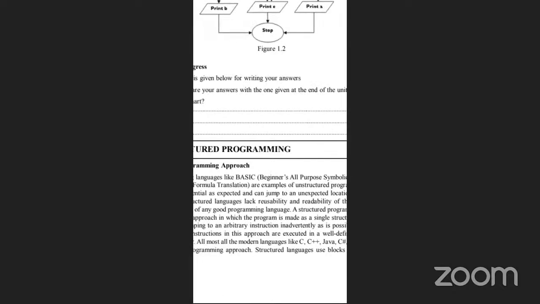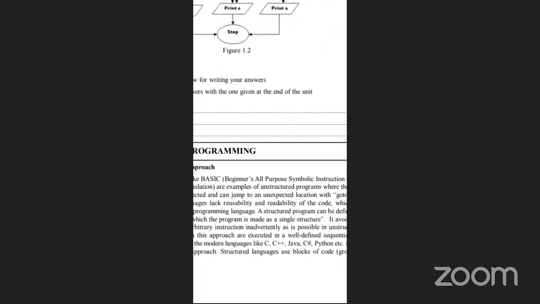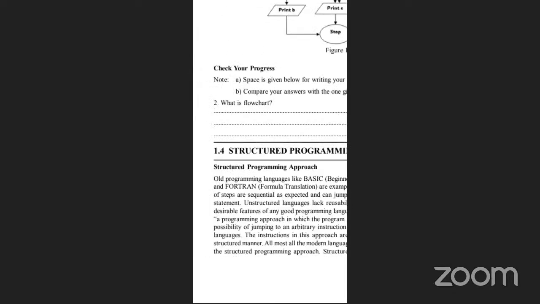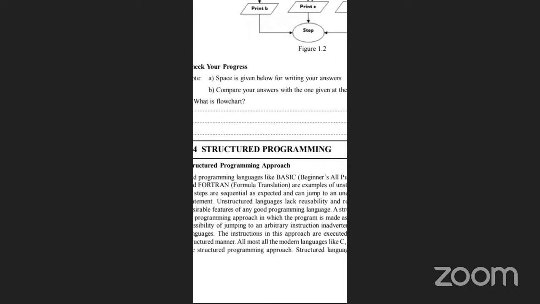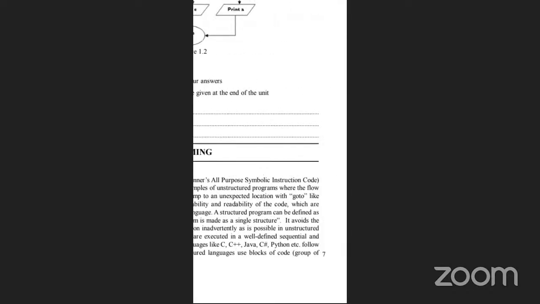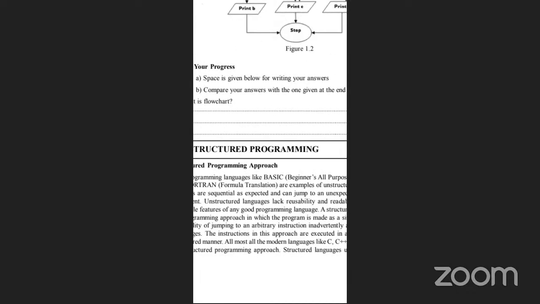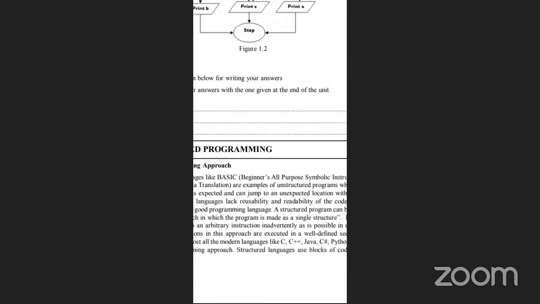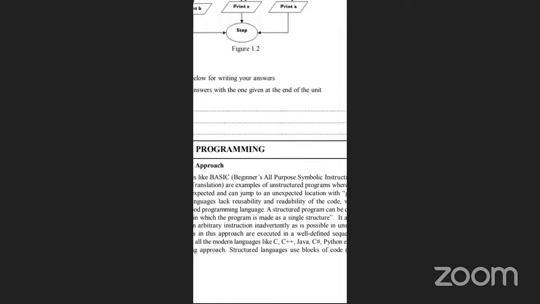It avoids the possibility of jumping to an arbitrary instruction inadvertently, as is possible in unstructured languages. The instructions are executed in a well-defined, sequential and structured manner. Almost all modern languages like C, C++, Java and Python follow this approach.